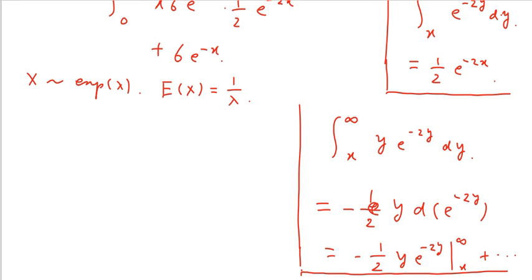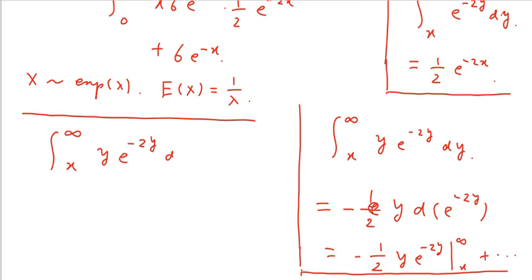So for this one we just do a substitution. Here x is a constant, and we have y e to the negative 2y dy. Let y minus x equal t.